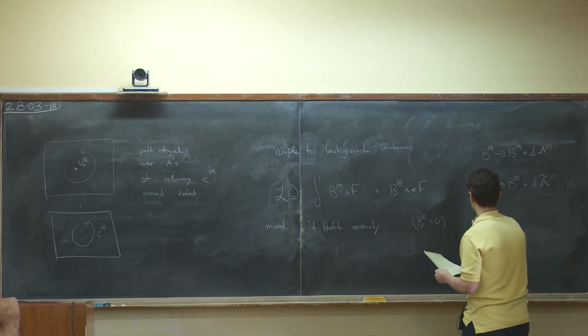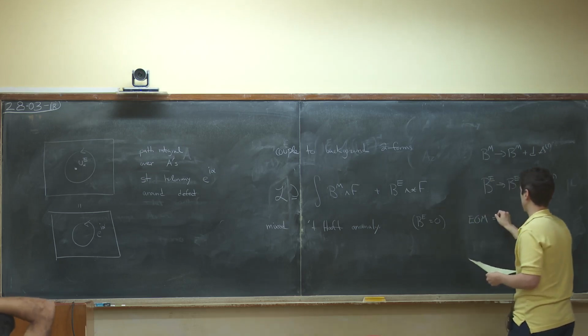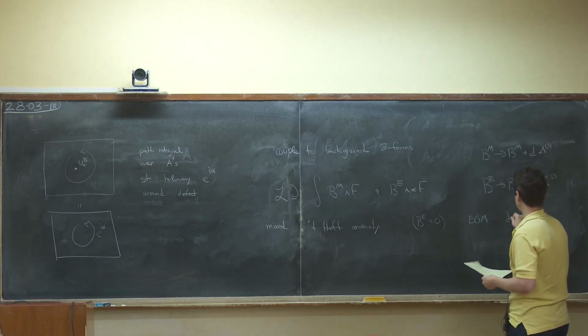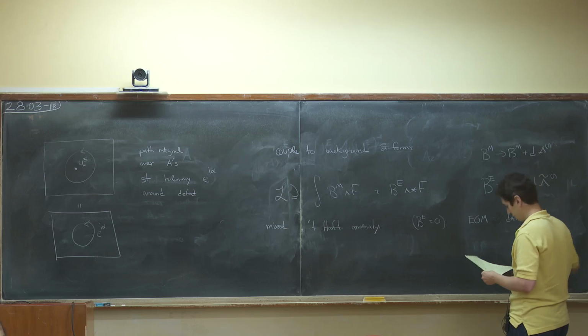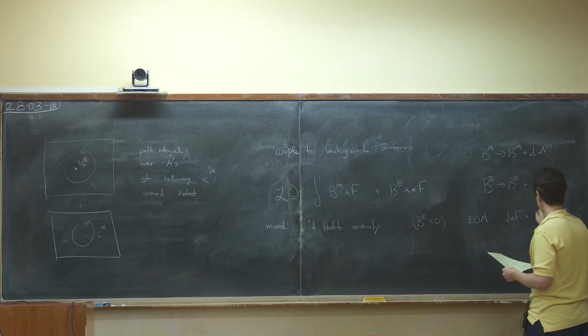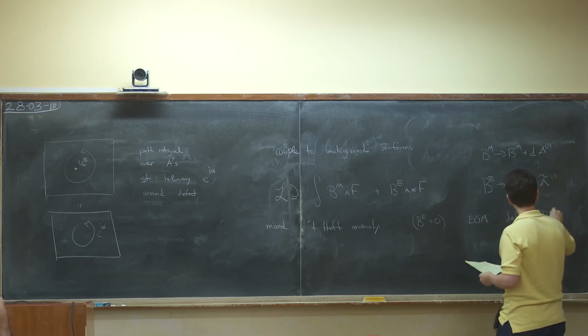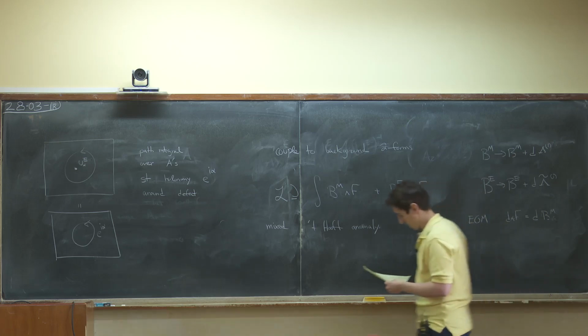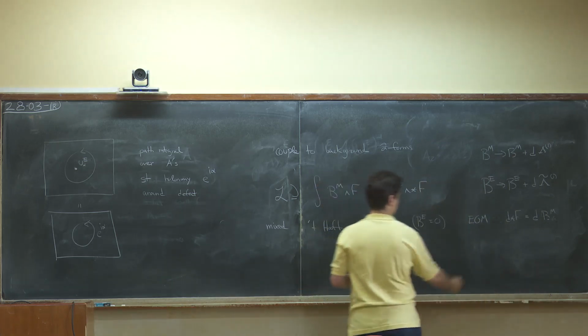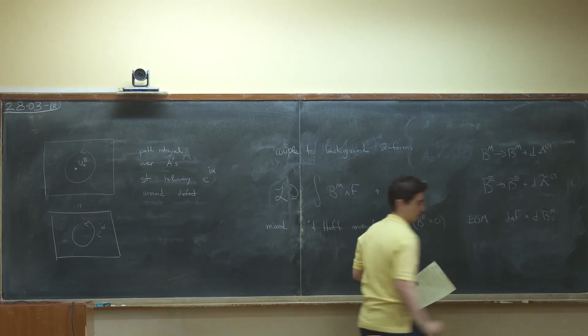So the equation of motion is now the following: d star F equals dBm. That's the modification of the Maxwell equation. So in particular, star F is not conserved.